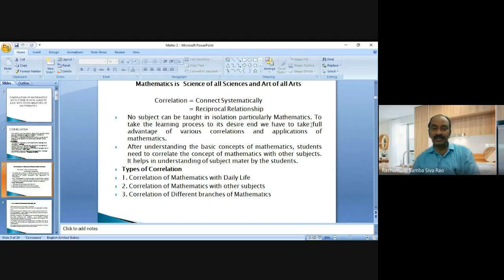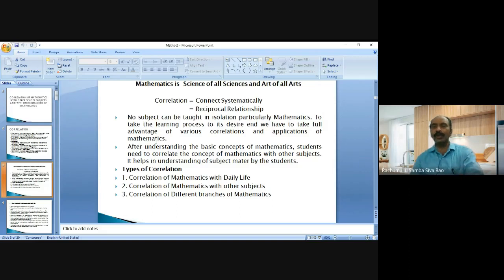To take the learning process to its desired end, we have to take full advantage of various correlations and applications of mathematics. So while teaching mathematics, we have to correlate various subjects, various relations, and various applications of other subjects, or general life, or human life, whatever it may be.